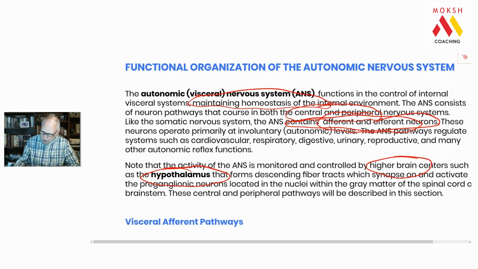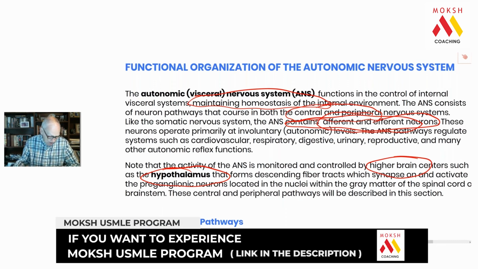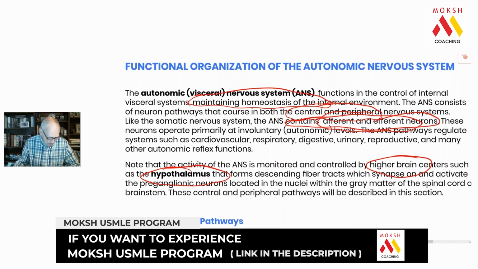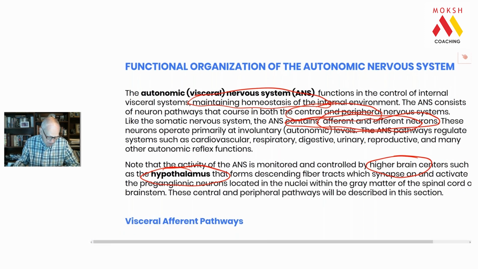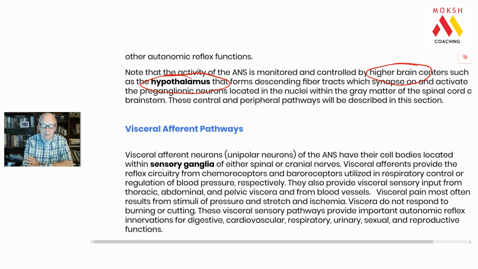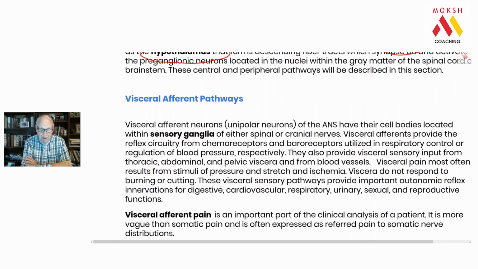Now, here's a small discussion of the afferents, the sensory side of the system, and we're not going to deal with this much. The visceral afferents are very important. But for the most part, the circuits for this pathway are much less understood and described. And so we're not going to be dealing with the sensory side, and you'll find the exams will not either.